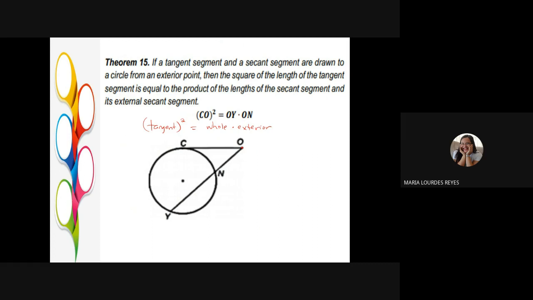Gagawin mo lang, tangent times tangent or times itself. So, instead of me writing tangent times tangent, tangent squared na lang. That's why here, it's written CO squared is equal to OY, that would be the whole secant segment, tsaka ON. So, ON is the exterior.